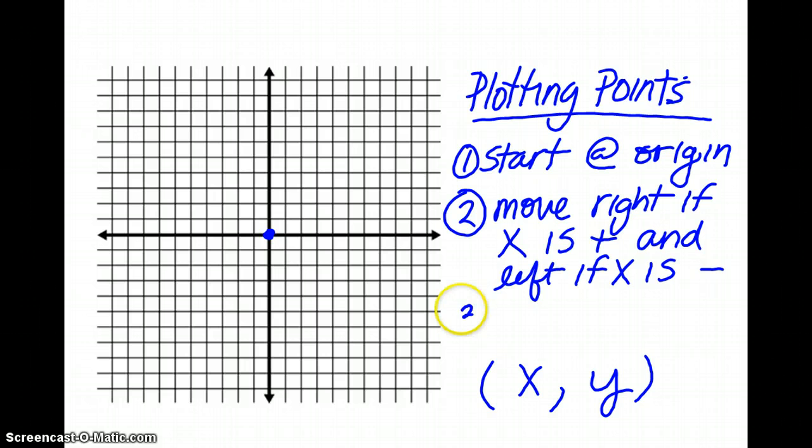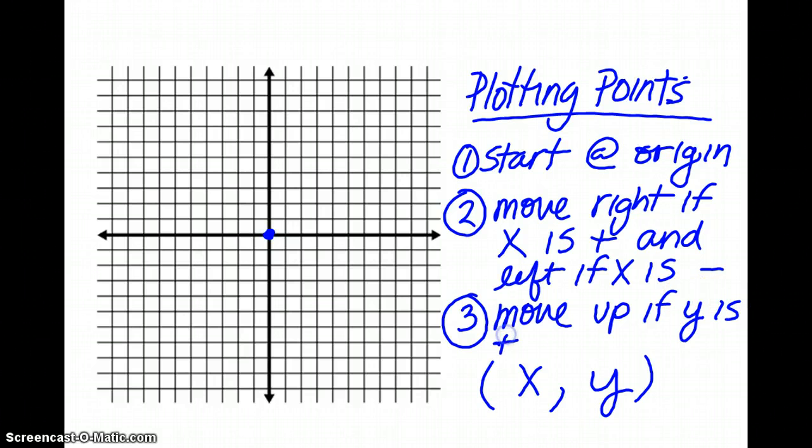And then once you do that, you look at the y value, and that tells you if you move up or down. So the y value, you move up if y is positive, and down if y is negative. Okay, so that's what you want to follow.